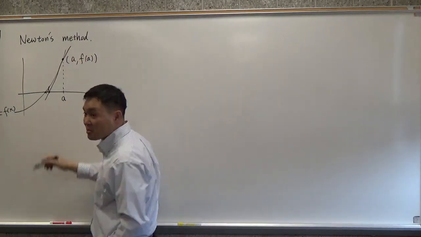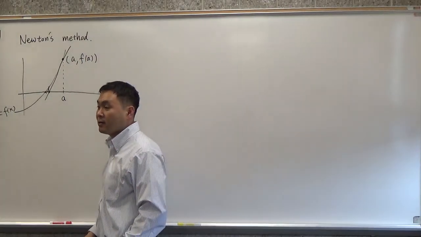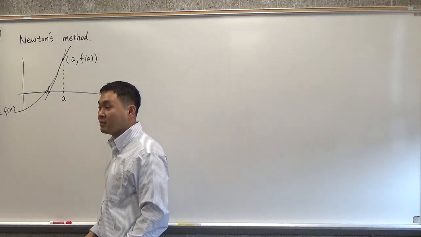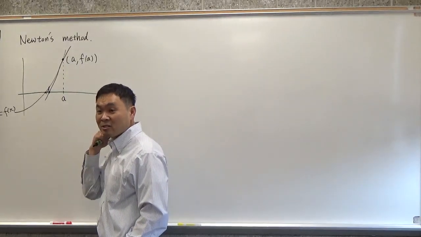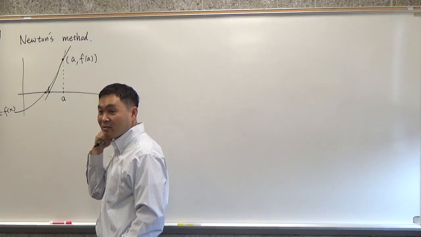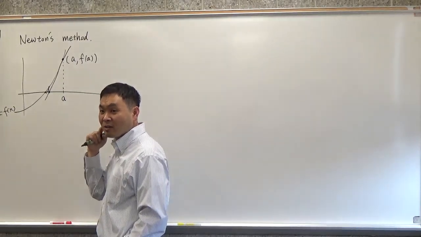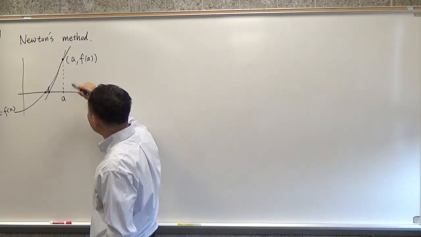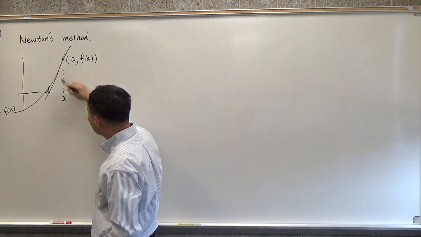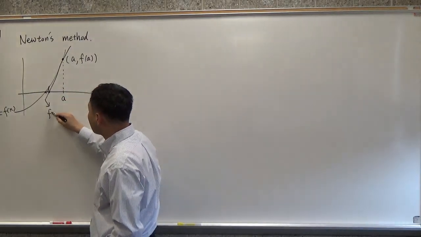What's the slope of this line? The slope of the tangent line is given by f prime, right? So you have to evaluate at a. So we know that the slope is f prime of a.